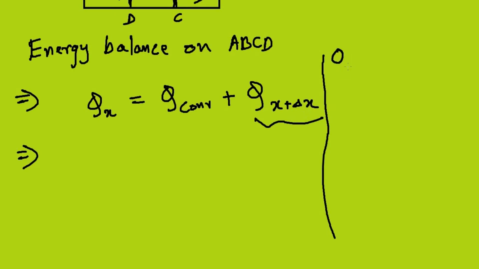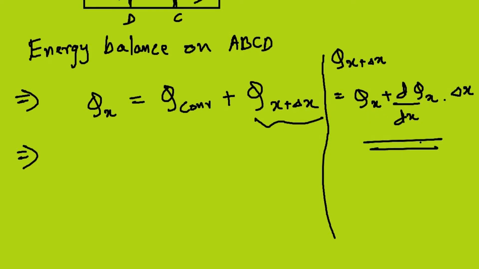I will write Qx plus del x equals Qx plus d/dx of Q of x times del x, and I neglect the higher order terms.